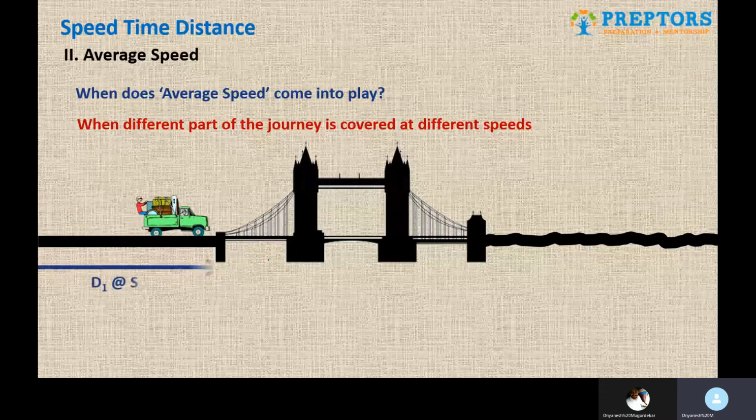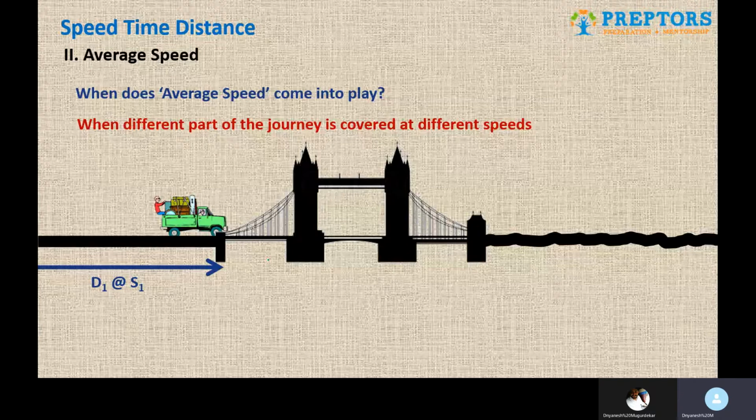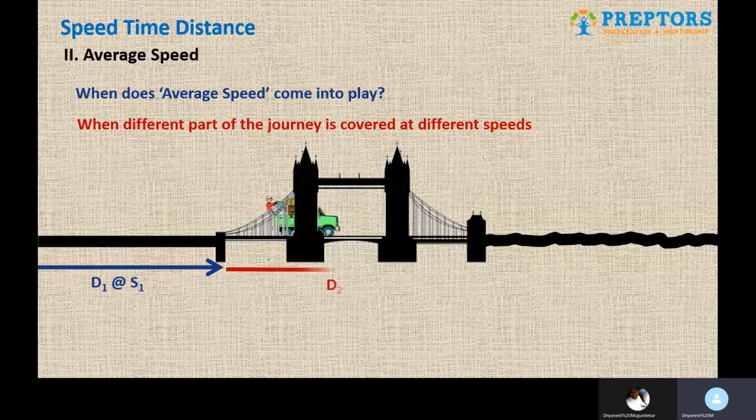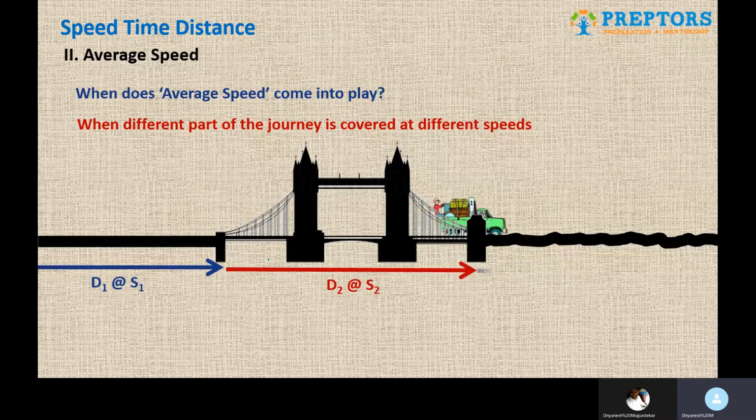Suppose the vehicle covers that distance d1 at some random speed s1. Then there is a bridge coming up, so the vehicle might slow down a bit. Suppose the vehicle covers that distance d2 at a different speed s2. And then there is a bumpy road, so speed might vary again. So let's assume the vehicle covers that distance d3 at some random speed s3.